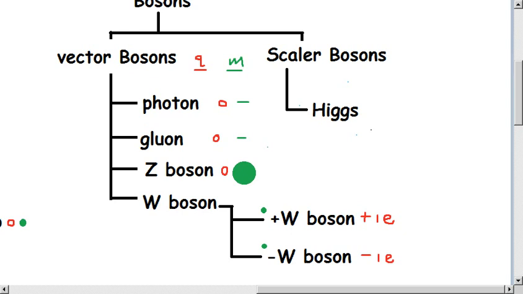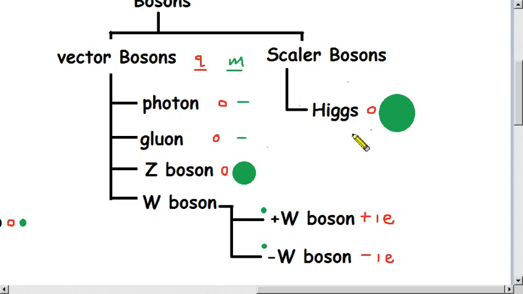Then the Higgs has no charge. The mass is bigger than this Z boson. We can draw like this.